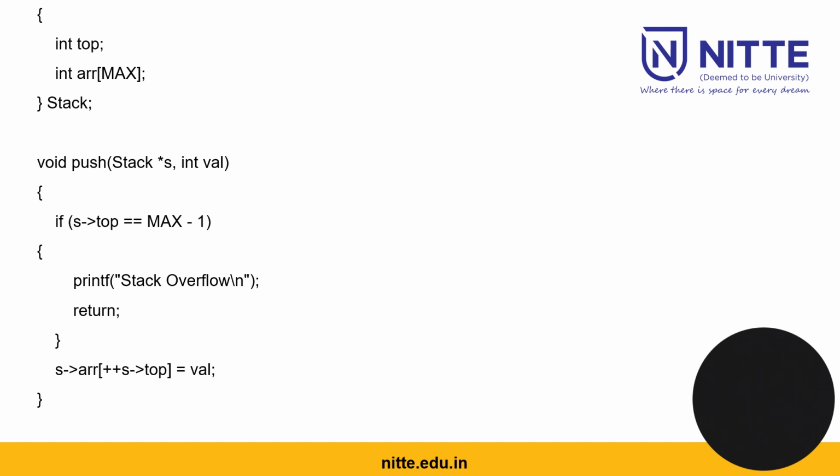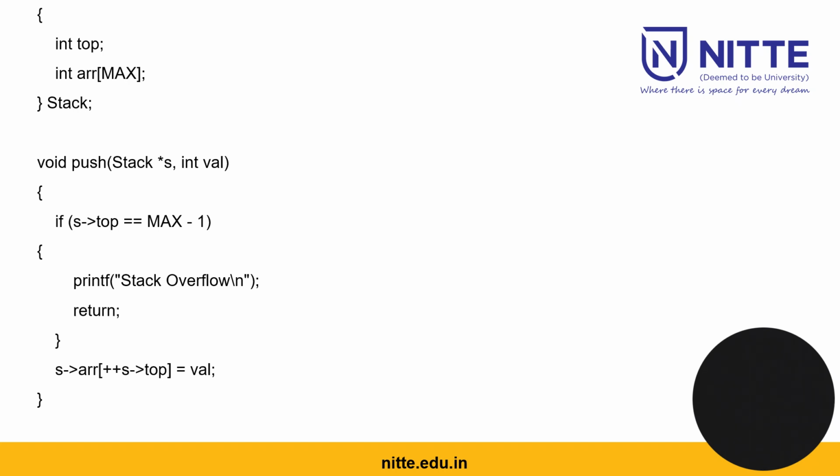We saw that the max value is 100. So with an array of 100, we can push 100 elements into the stack, or store 100 elements in the stack. And now we will go for the push operation. In this push I will give the stack star s and int value as the parameters to this push operation.